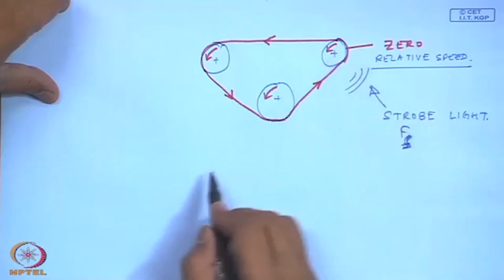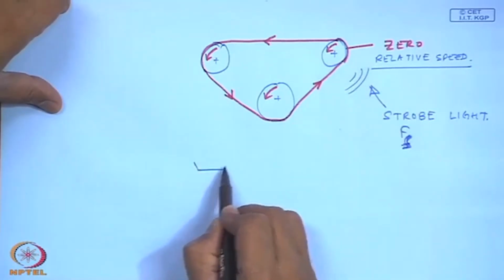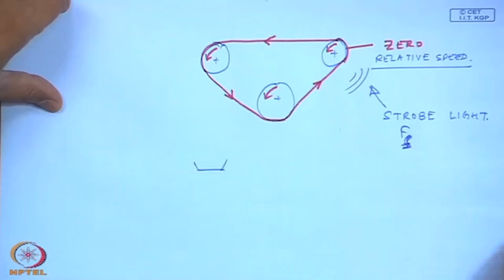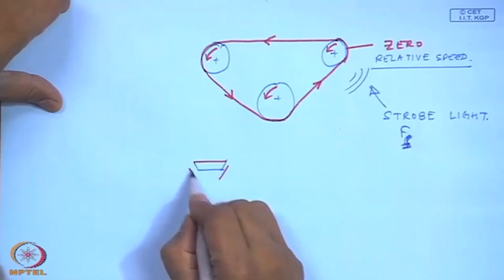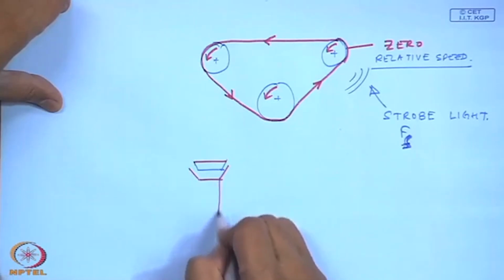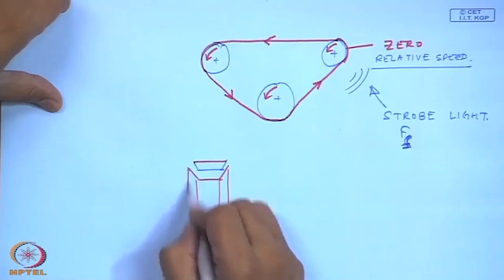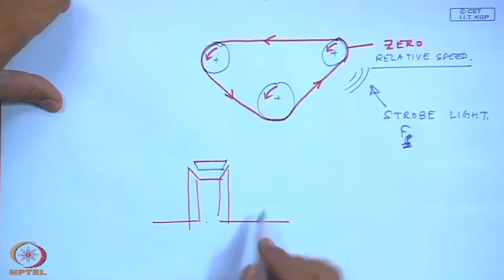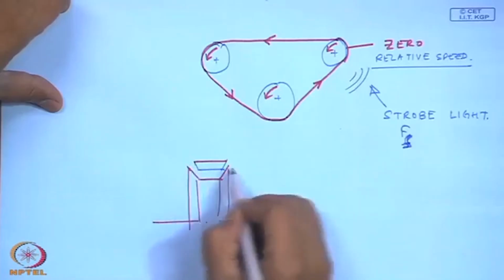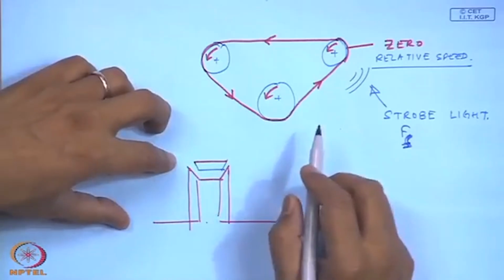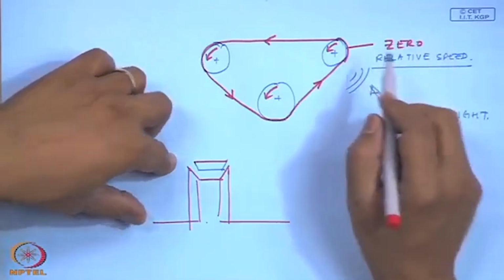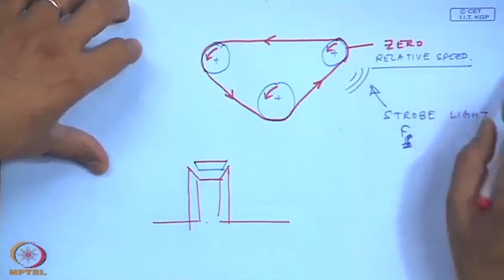So, the belt would look to be stationary on the pulley. Okay, so, I have exaggerated this gap. So, between this the belt would look stationary, and such a method can be used to detect looseness.